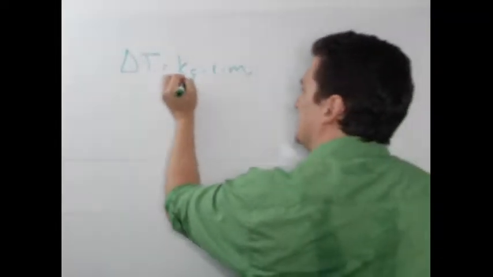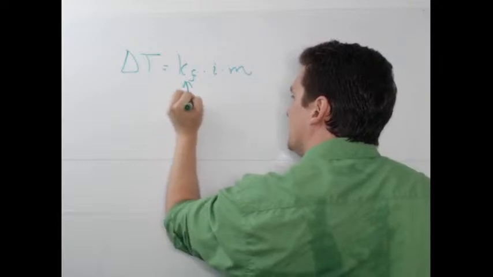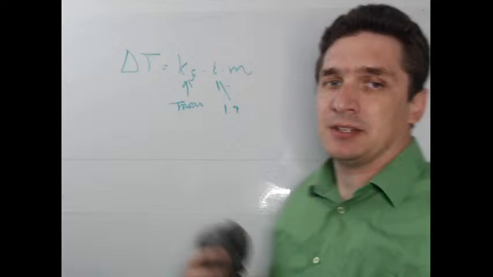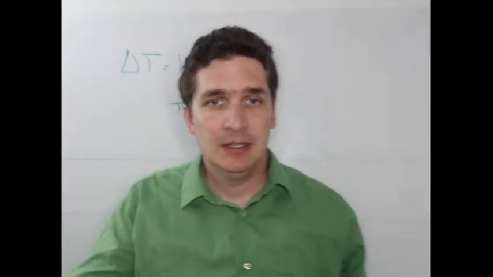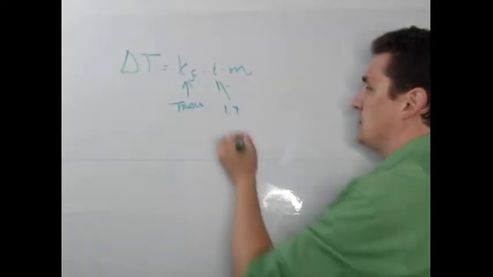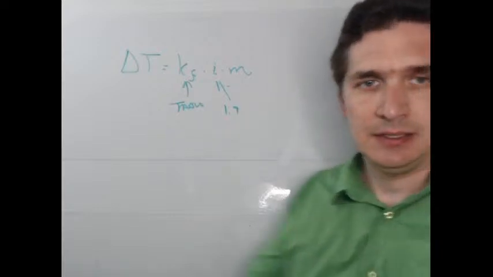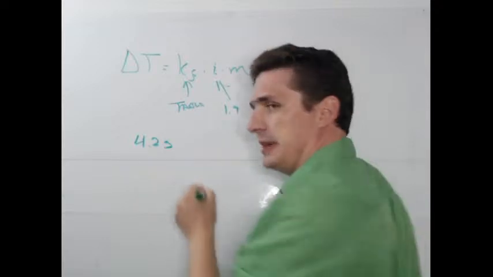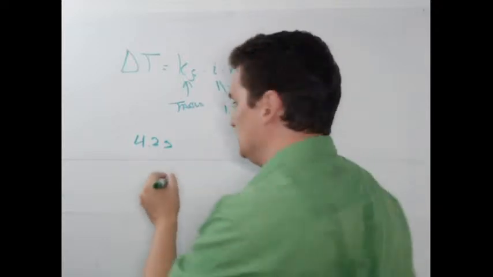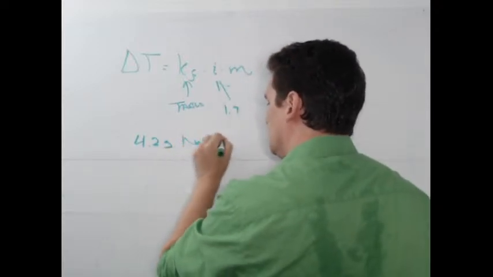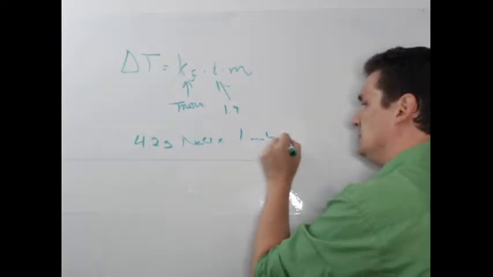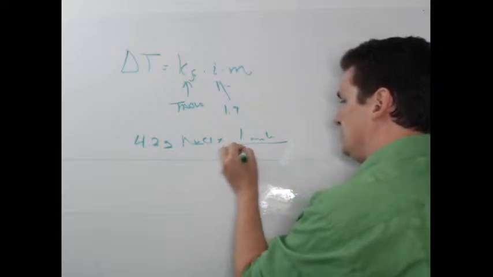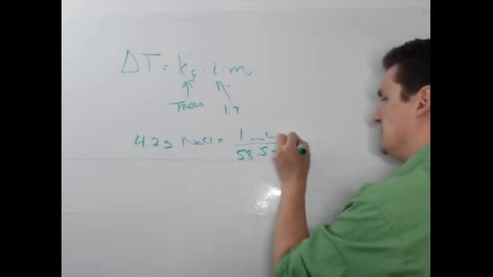So to do this, I need the Kf. This is going to be in a table. The i here for sodium chloride is 1.9. This is also a tabulated value. And then for the molality, let's see here, we got 4.8 grams of NaCl, 1 mole for every 58.5 grams.